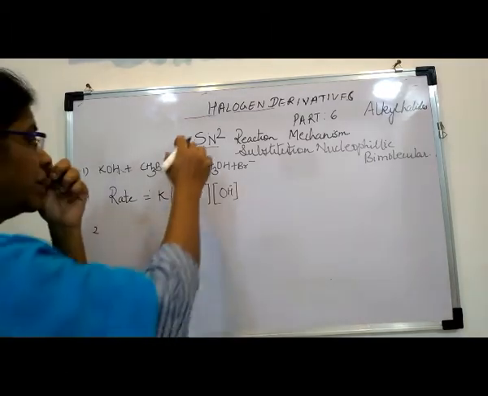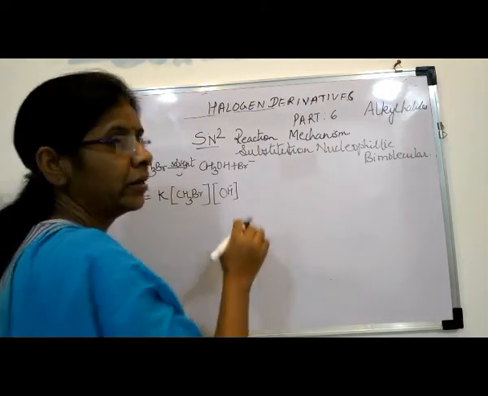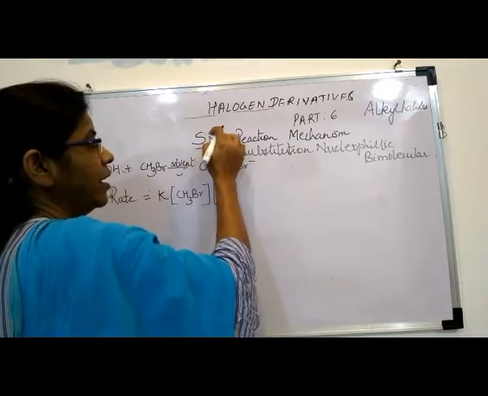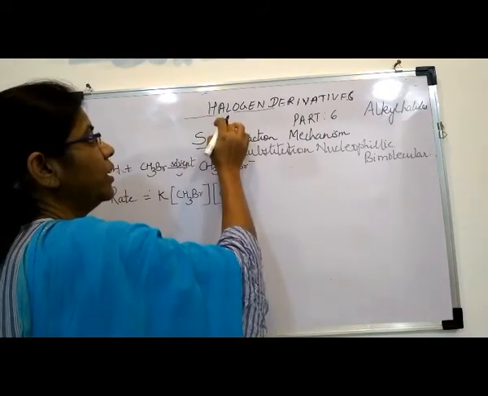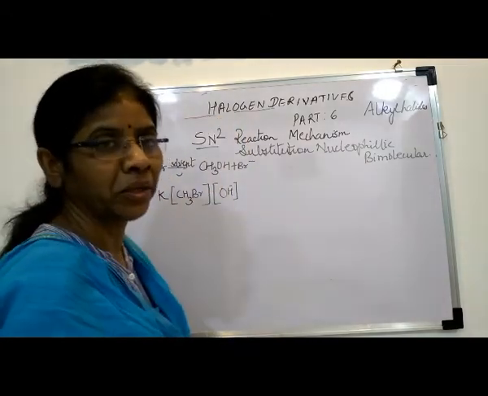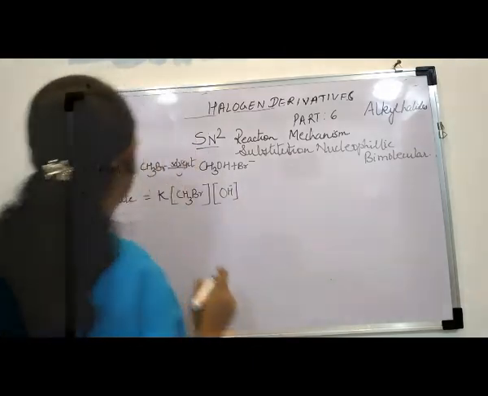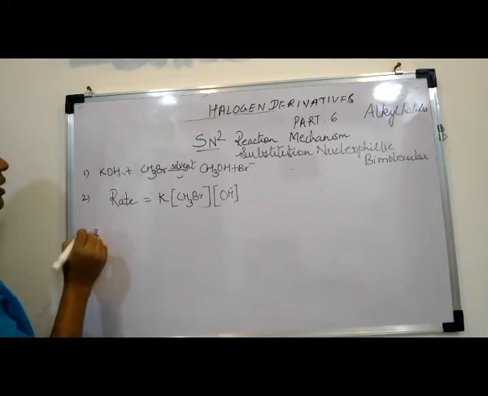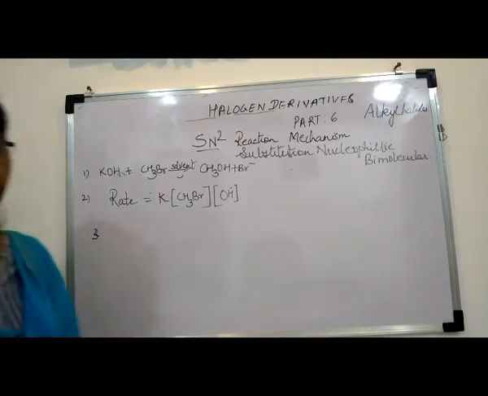And therefore we write it as SN2. This S, small little below we write, and then substitution nucleophilic, 2 stands for its molecularity and it is bimolecular. Right? So first, kinetics, experimentally found. Now we go to the actual mechanism.